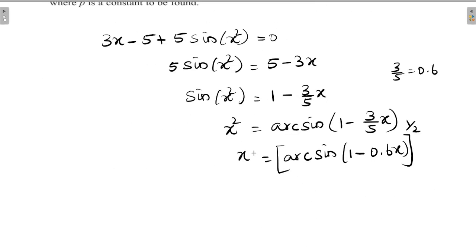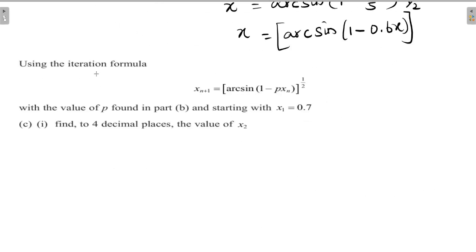p is a constant to be found. C part: using the iteration formula x(n+1) = arcsin of (1 − p x(n)), the whole power 1/2, with the value of p found in part B, I am starting with x1 equal to 0.7. The first term is given, x1 is equal to 0.7. Let us find x2. When n equals 1, this term is going to be n + 1.